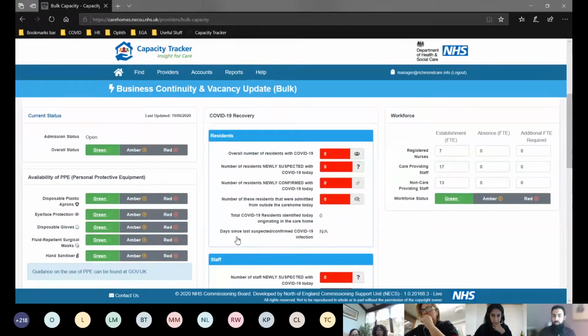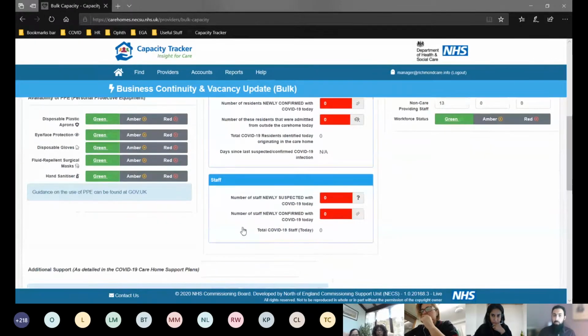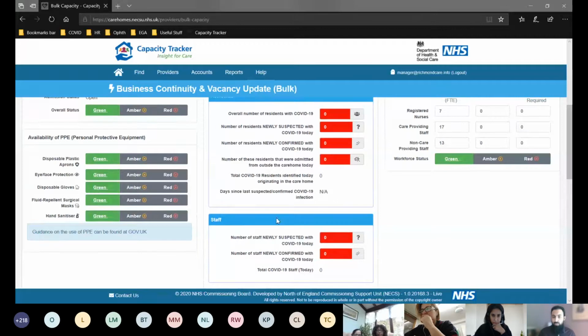So this top box is for residents. The bottom box just below it is for staff. So again, suspected and confirmed staff. If they have suspected, a new and persistent cough, then you would include that in the top box. If they've been confirmed with COVID-19, again, this is an active case, not something in the past couple of months. If they have COVID-19 and it's confirmed with a test, then include that here. This is for staff working in the home.